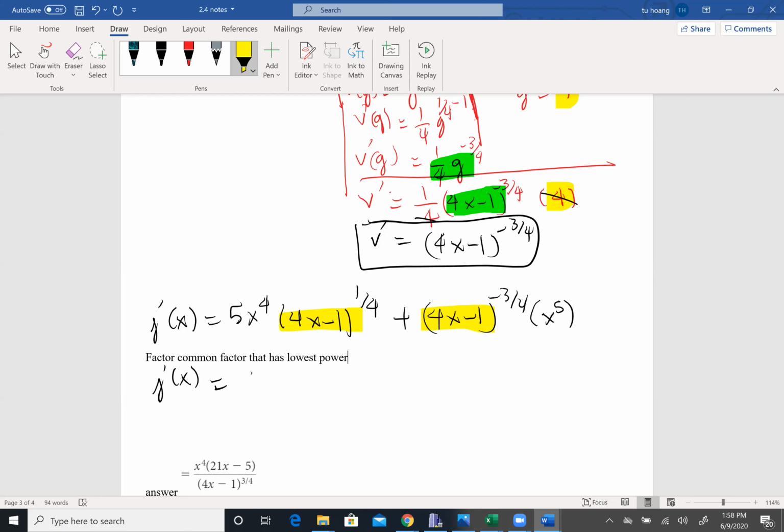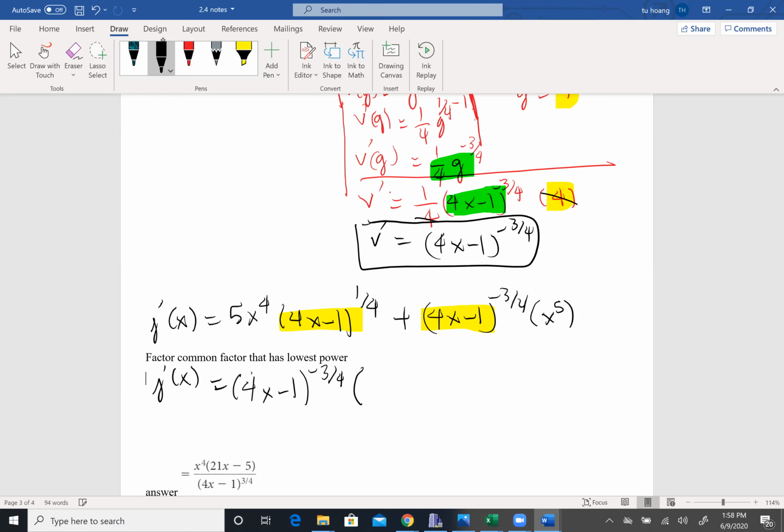Okay, so compare between these two factors. I have 4x minus 1 to the power 1/4 and 4x minus 1 to the power negative 3/4. I know that negative 3/4 is less than 1/4. So I would like to factor out 4x minus 1 to the power negative 3/4.